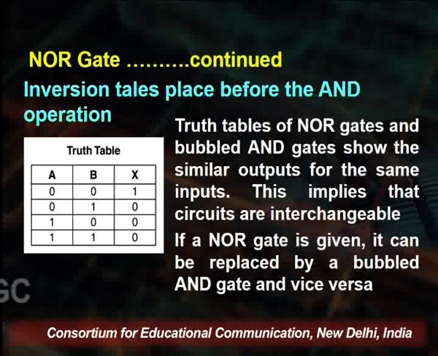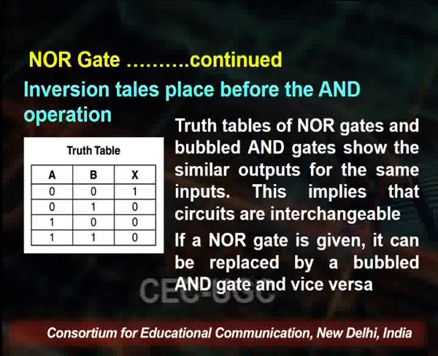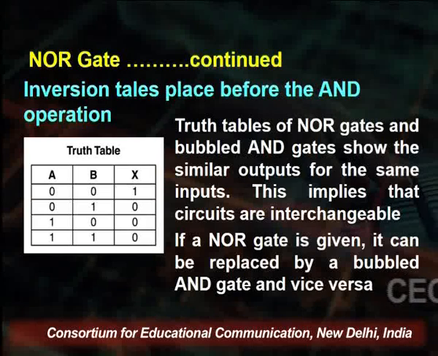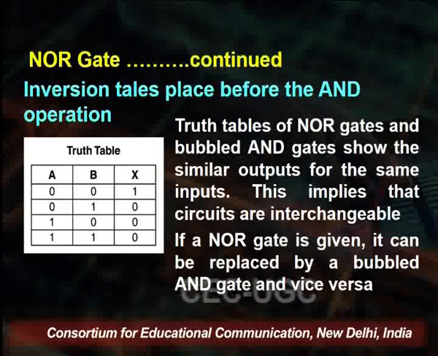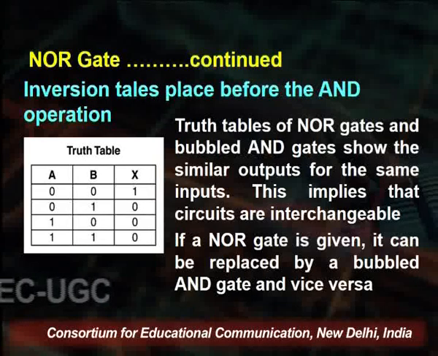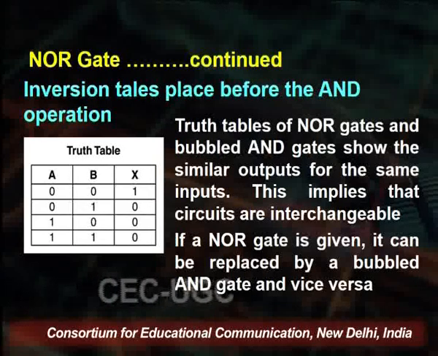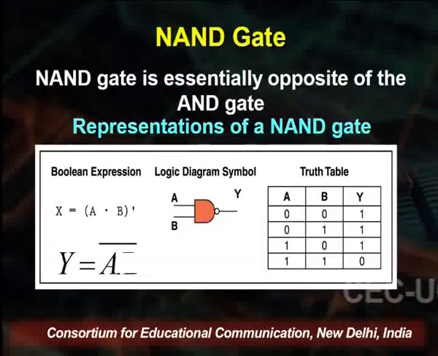So, comparing both the truth tables for the bubbled AND gate as well as the 2-input NOR gate, we find both the truth tables exactly identical. Therefore, we can safely summarize that a 2-input bubbled AND gate works in the same fashion as a 2-input NOR gate.